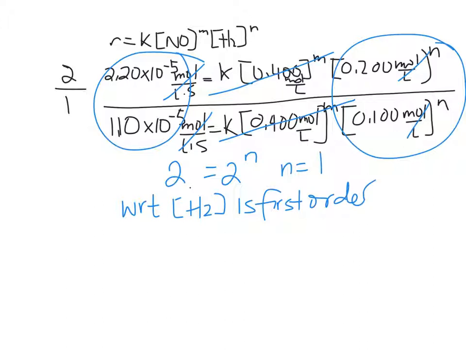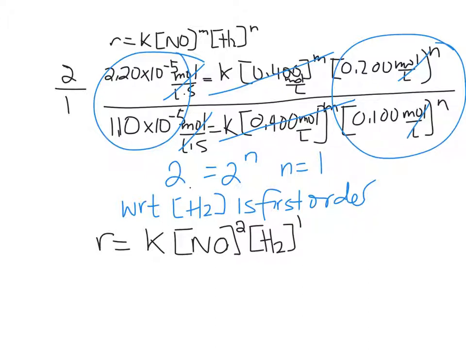So now we can rewrite our rate law expression. It's some constant K times the concentration of nitrogen monoxide to the power of 2 times the concentration of H2 to the power 1.